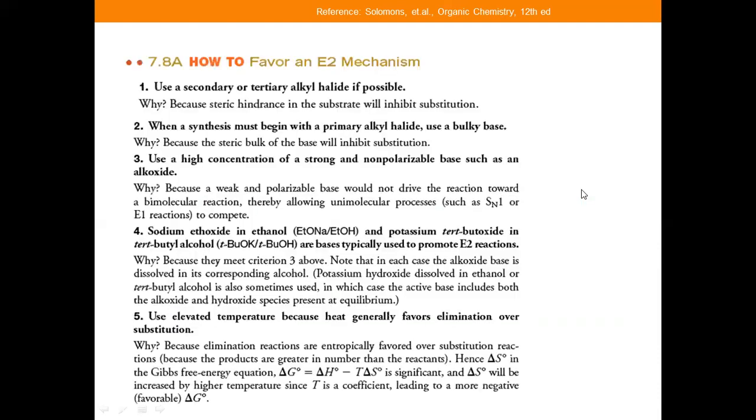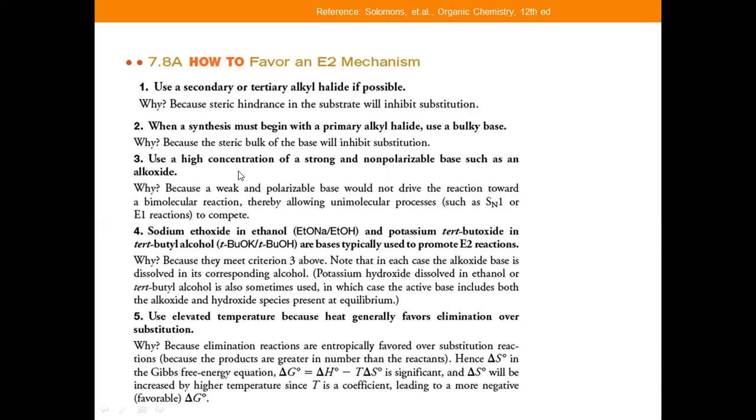Also in chapter 6, we've learned how to favor an E2 mechanism. We use a secondary or tertiary alkyl halide to favor E2. When we use a primary alkyl halide as our substrate, then we use a bulky base so that it favors the elimination reaction.